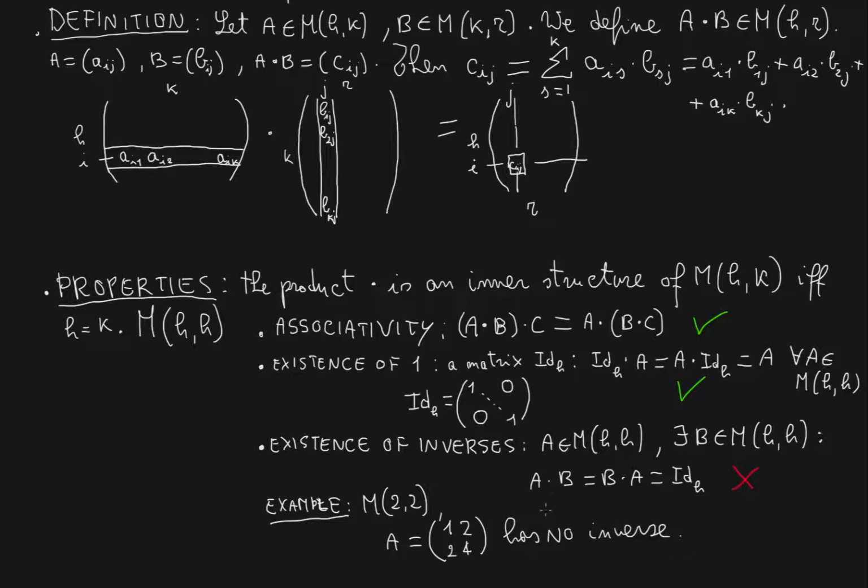Now, how do we prove that? Either you just take any other 2 by 2 matrix and leave the coefficients unknown, and then you use the 4 conditions you get from the multiplication rule. So basically you get 4 equations in these 4 variables, and you have to solve this system of linear equations.